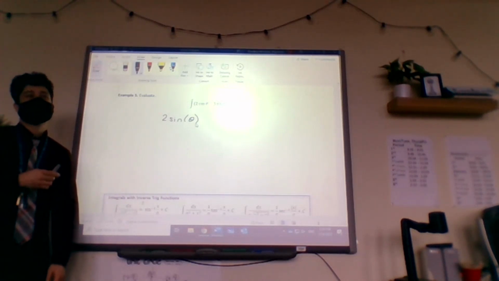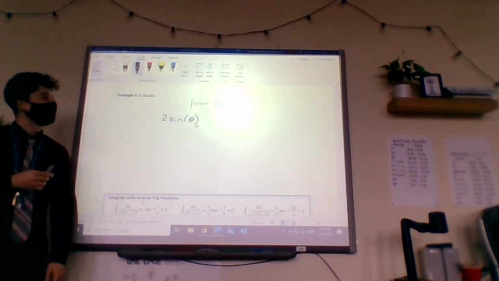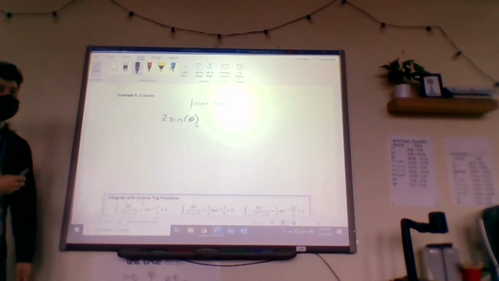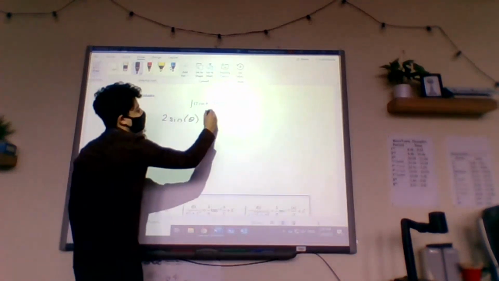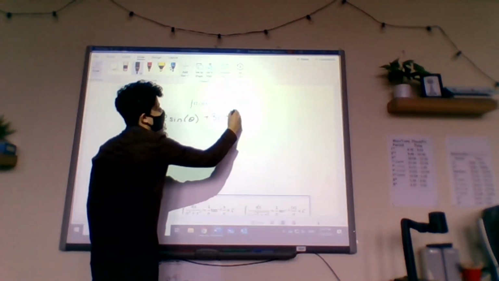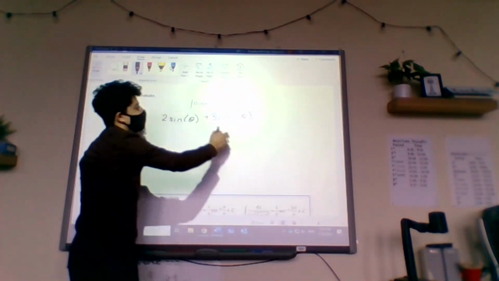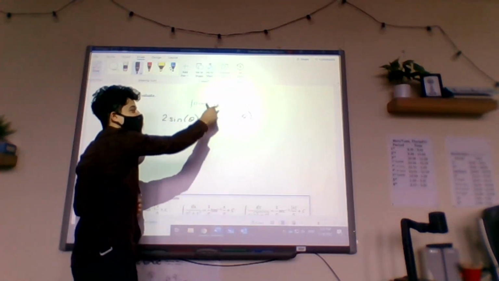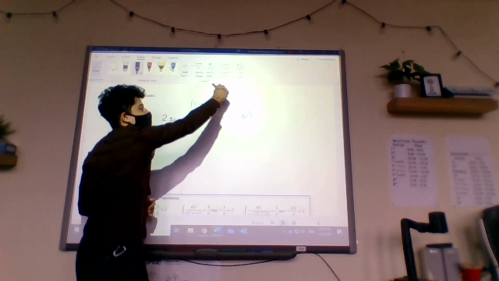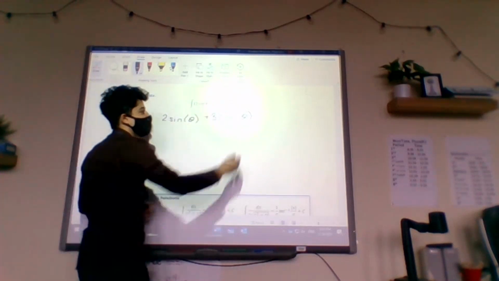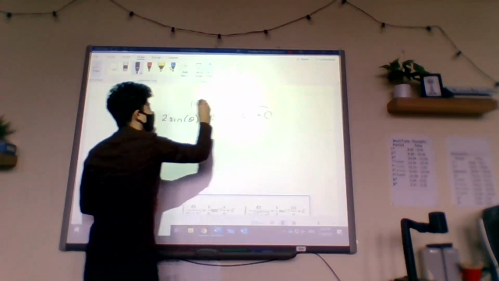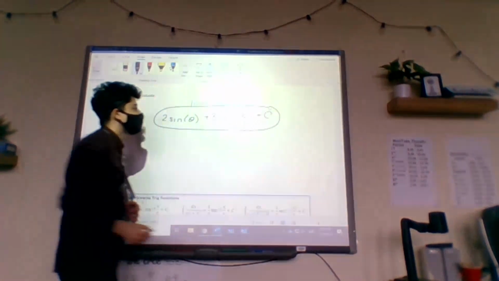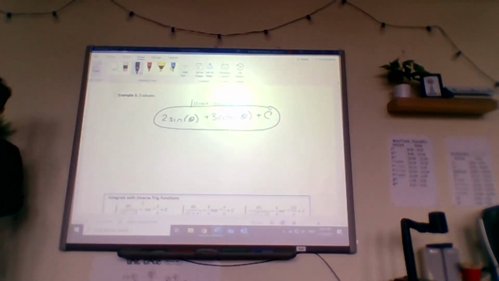It's negative 3 cosine, right? No, not negative 3 cosine. Yeah, plus 3 cosine. Wait, this says minus. Yes, but remember the derivative of the cos is negative. So the derivative of this would get me this negative. And then plus C, don't forget it.